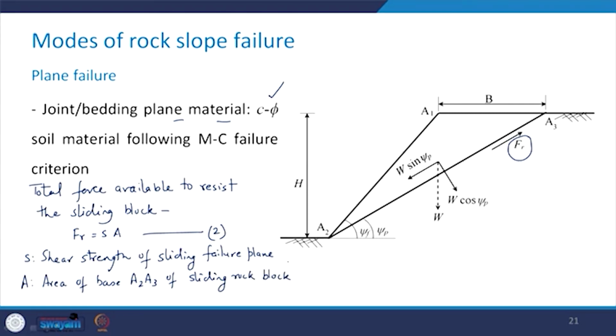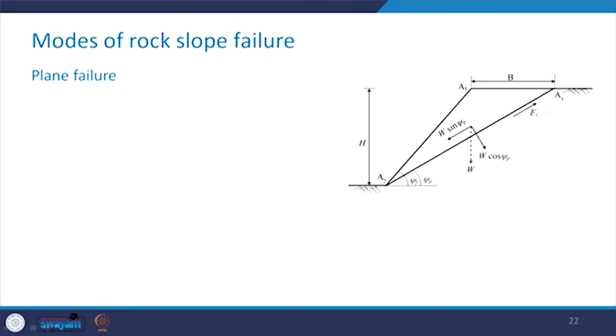Now, since we are taking a unit dimension in the direction perpendicular to this screen, this area would be equal to the length A2, A3 multiplied by 1. So, this can be calculated as A is equal to H upon sine of psi p. This is equation number 3.